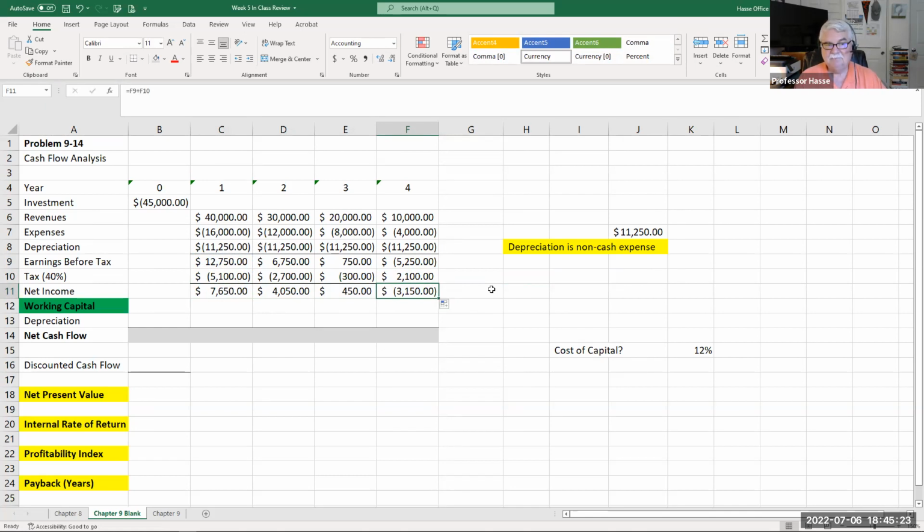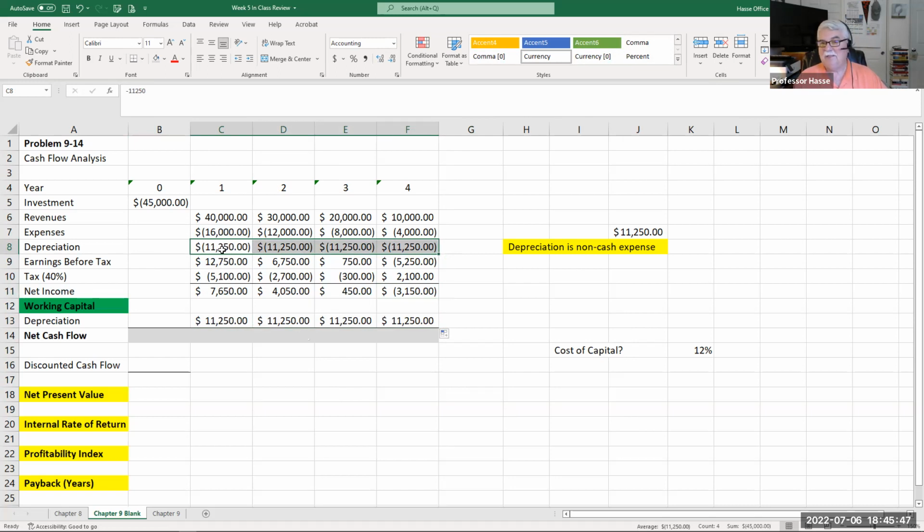All right. Now let's skip ahead. Let's add back in depreciation. We add back in depreciation to our calculation. Why? Because this expense here is non-cash. Cash, cash, cash. Spending money.